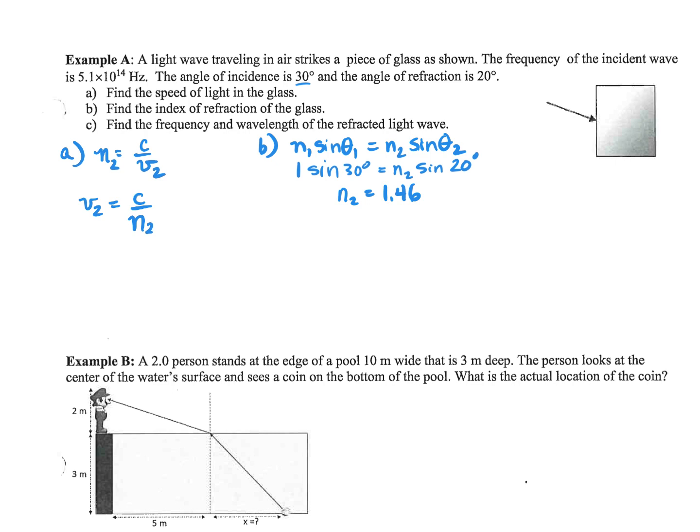So let's figure out what that is. 3 times 10 to the 8th divided by 1.46, which means it is going to slow it down, isn't it? Well, yeah. It's not going to change it that much. What is it? 2 point what? 2.8, I bet. Yep.